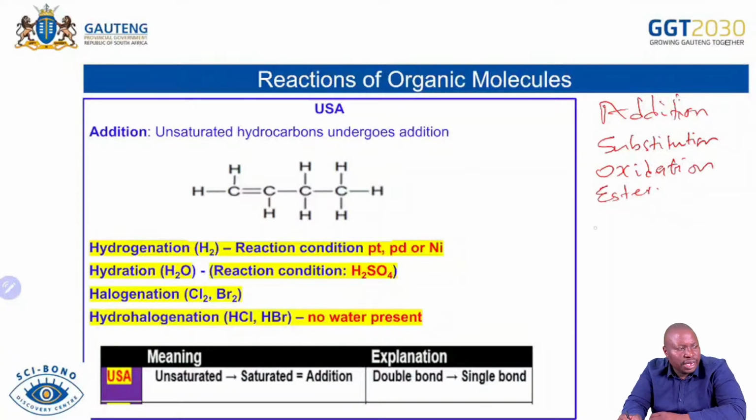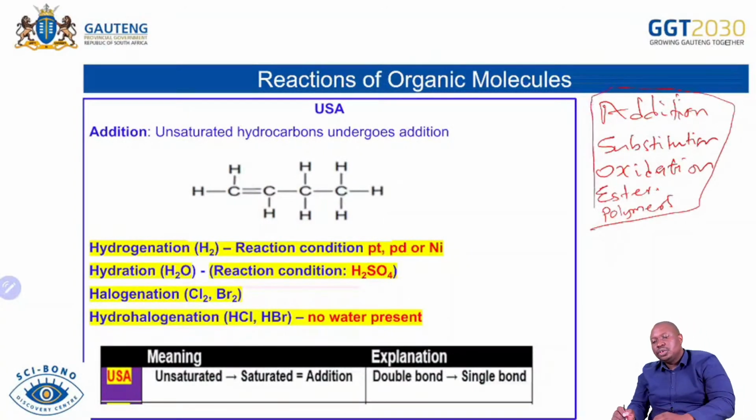I must not forget that we do polymers as well, which is the last thing that we do in terms of organic molecules. So this is what we must look at. And in this case, for addition reactions, this has never been easier, because when we say USA, we're not talking about a country.